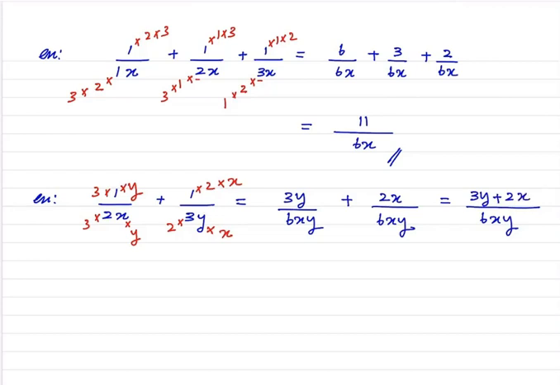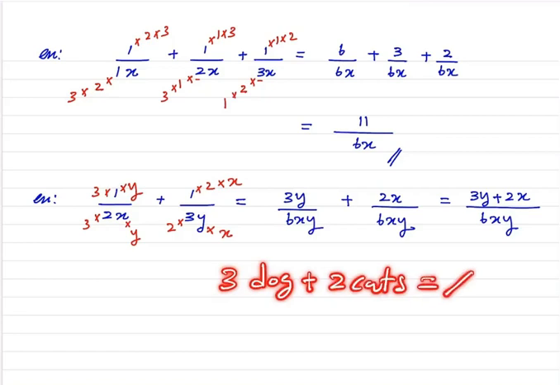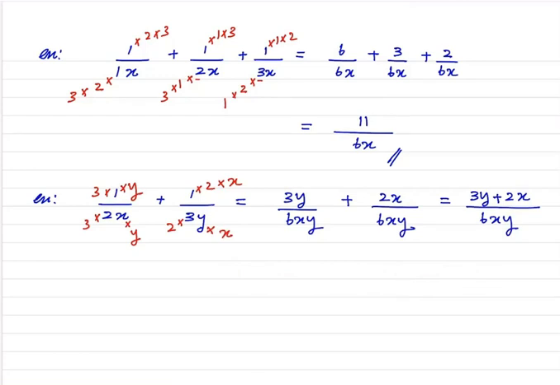Now, my question is, can you simplify this? Can you simplify that? You cannot, right? This is like 3 dogs plus 2 cats. You can't, right? So you have to logically understand that. I have seen some students, they just blindly say 6xy.